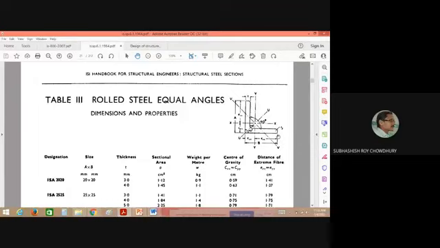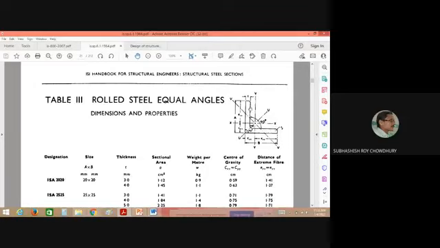It may be used in a factory shed, that means a truss-like structure. We use these angle sections as a tie member, or for the bracing member.